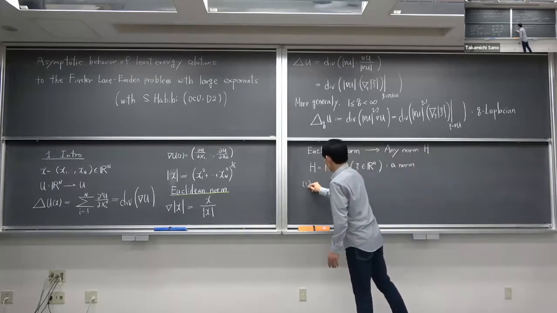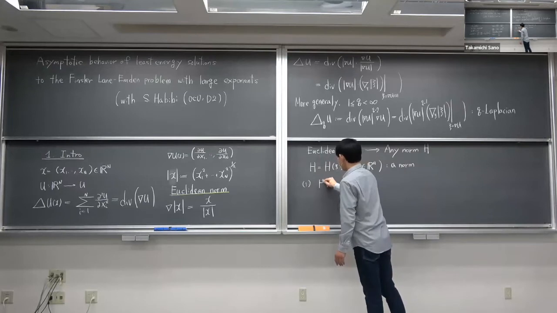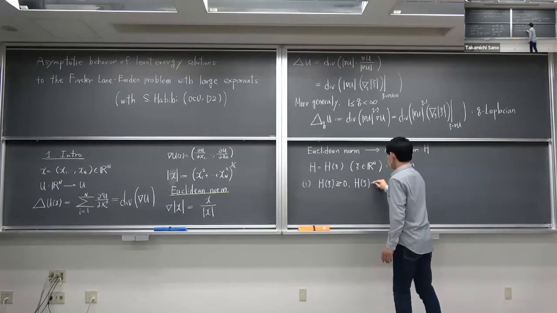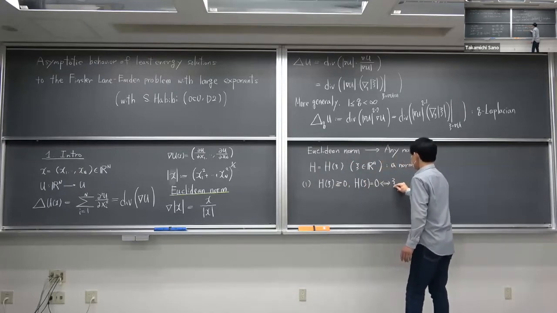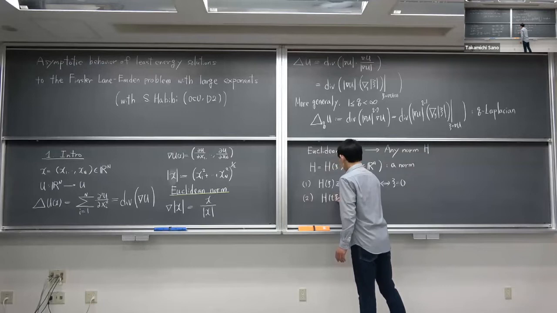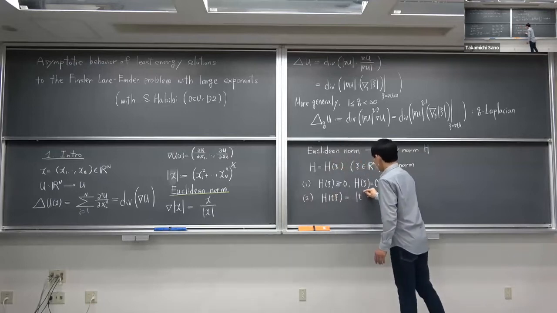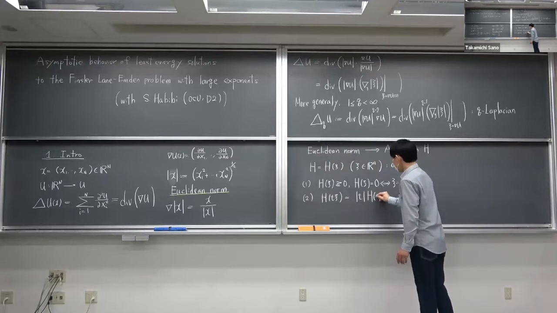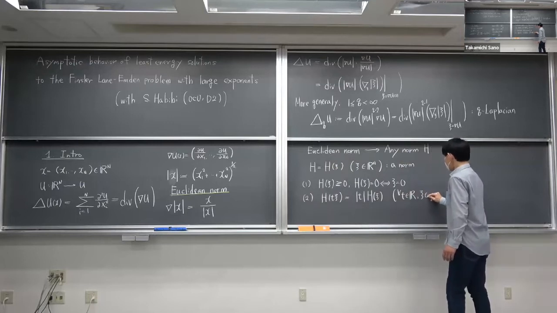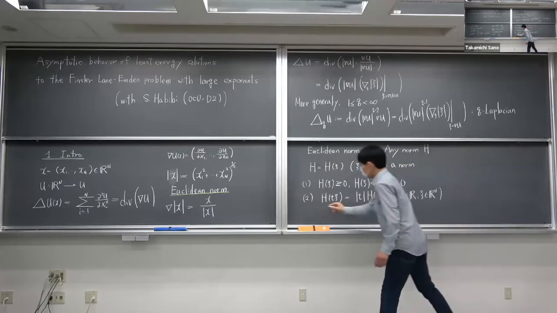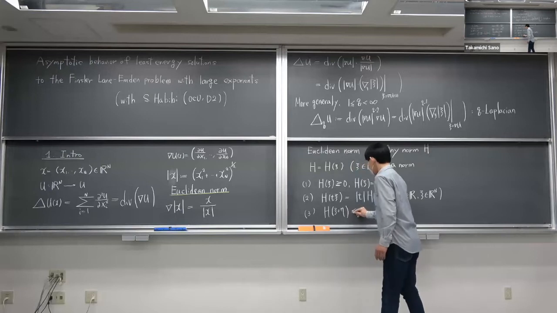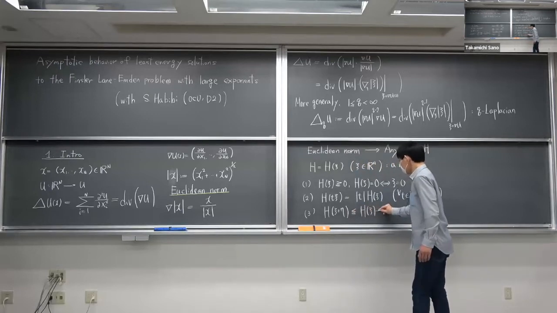Of course, everyone knows that H(ξ) is non-negative, and H(ξ) equal to 0 is equivalent to ξ being the zero vector. H(tξ) equals |t| times H(ξ), the positive one-homogeneity, for any t in R and ξ in R^n, and the triangle inequality: H(ξ plus η) must be bounded by H(ξ) plus H(η).